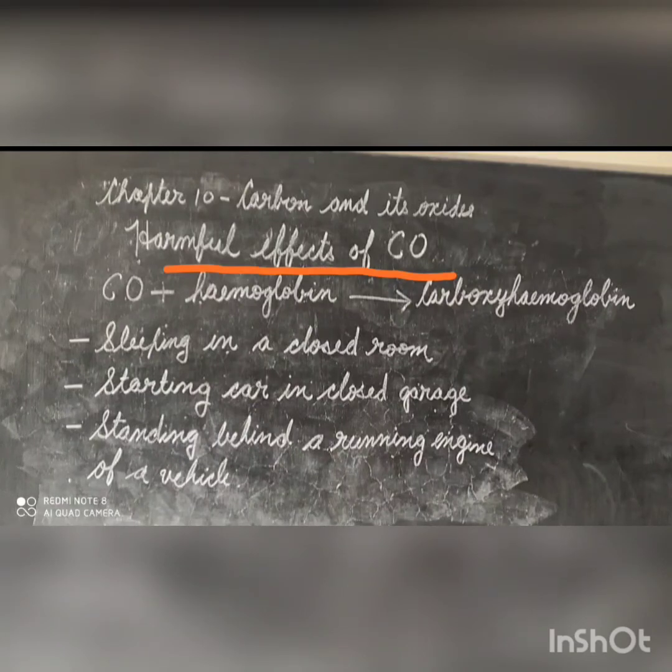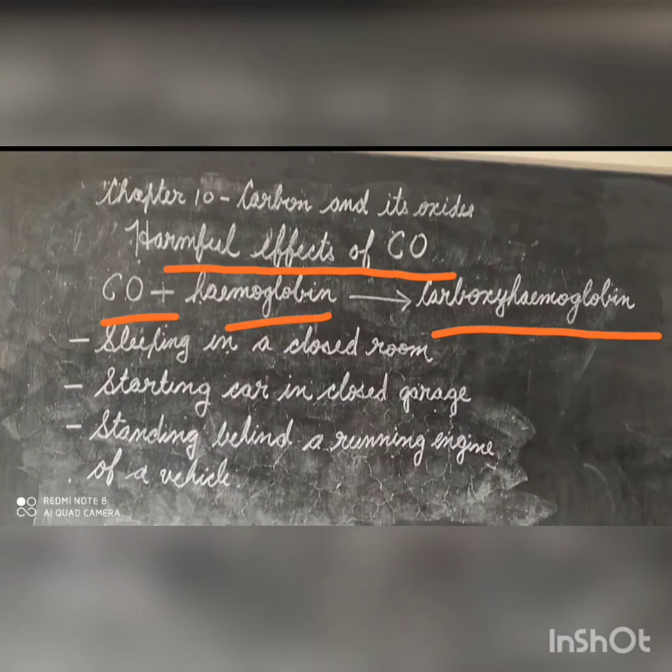Since carbon monoxide has more affinity for hemoglobin than oxygen, it combines with hemoglobin, forming a stable compound called carboxyhemoglobin.